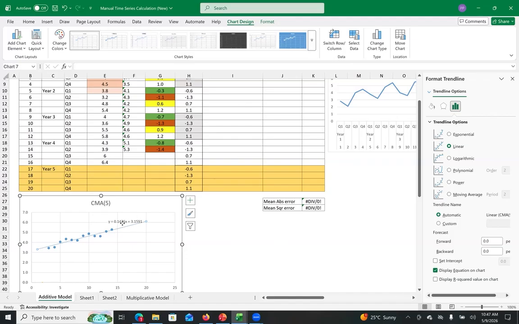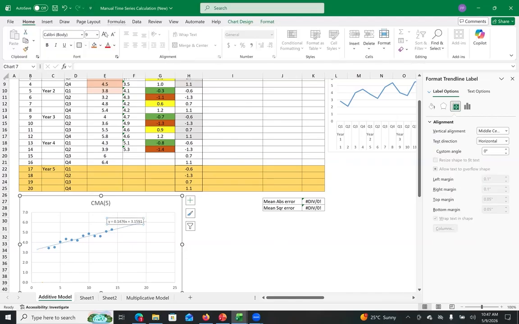Okay, now I have this equation y is equal to mx plus c.